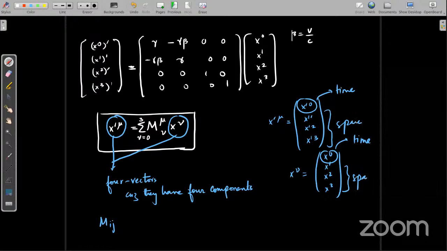Vikram, does it follow the same fashion in all the books, or is it a different fashion? Yes, there are slight differences that you will notice. Since you've brought it up, let me point it out. The convention that I am using is that my vectors are of this form, X mu, where mu goes from 0, 1, 2, 3.